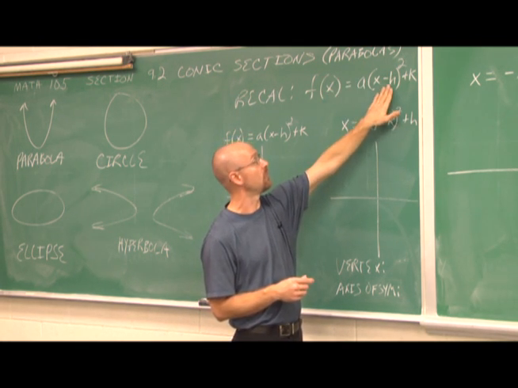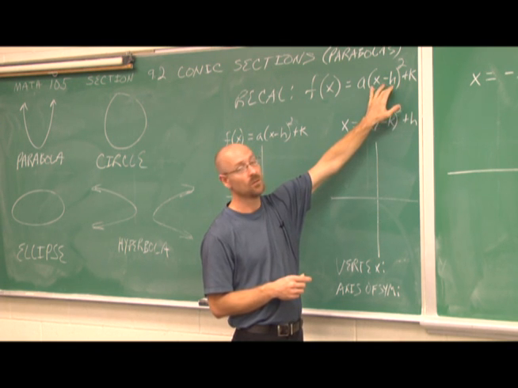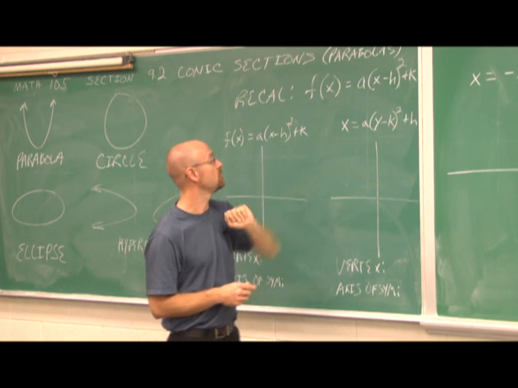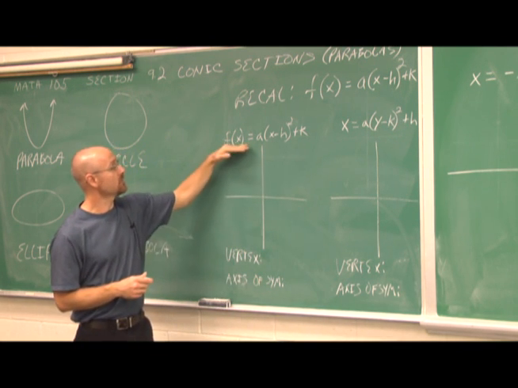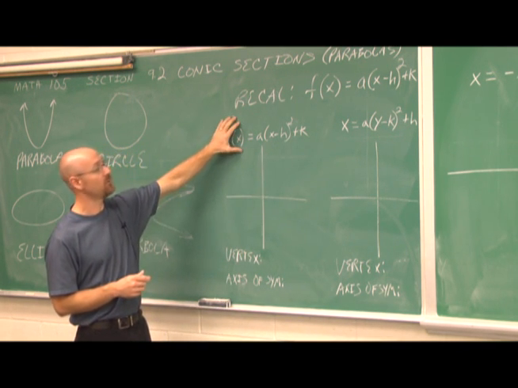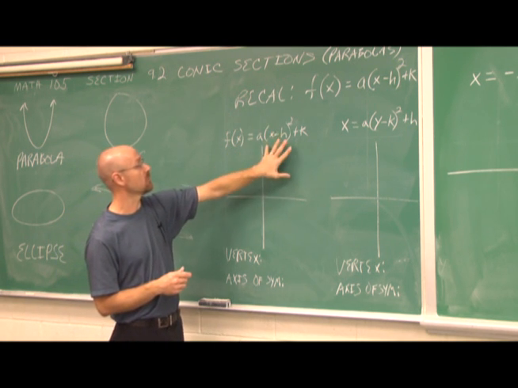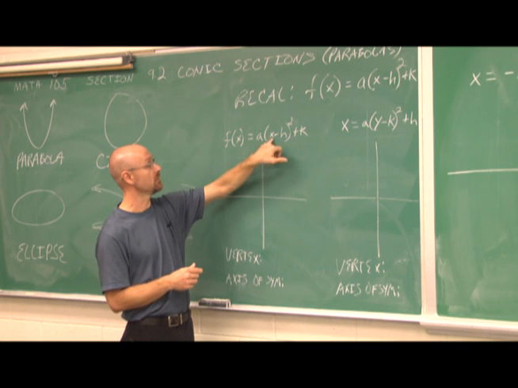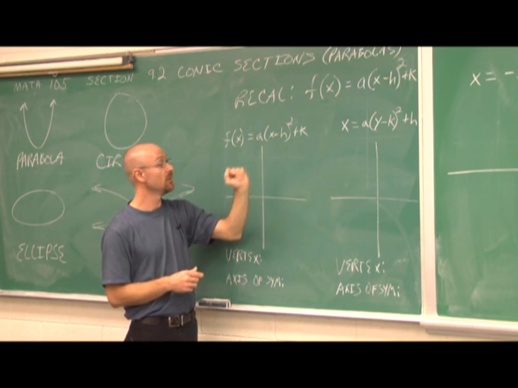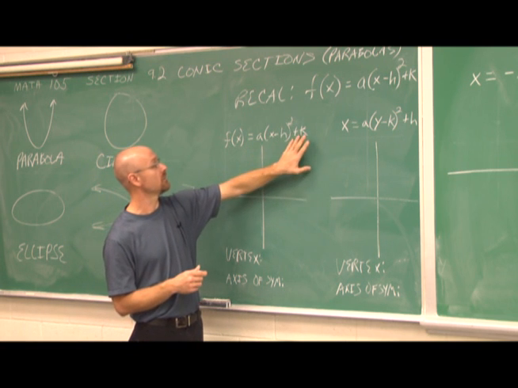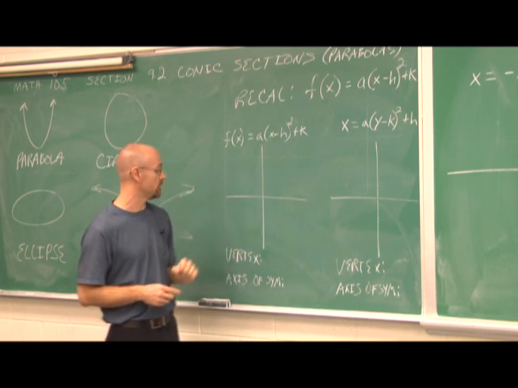And if we recall from last section, 9.1, we talked about h and k, our horizontal shift and our vertical shift. All right, so this is our standard parabola. f of x, a y value, equals a times the quantity x minus h, where our y's and x's are for this example is very important, that quantity is squared, plus k, our vertical shift.